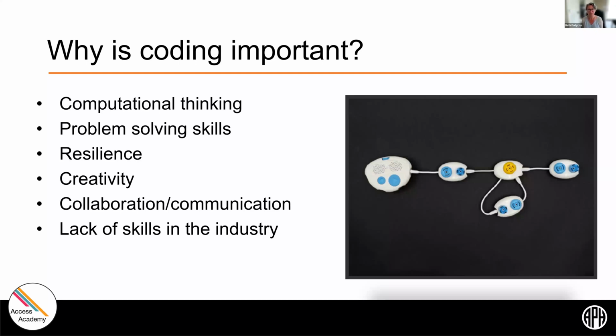We want students to be able to engage and create content in the future. So they need to have these skills to understand how it works, so that when they get a job someday, they will be able to inspire everyone else with their creativity. Lots of collaboration and communication is required in coding. And there's just a lack of these skills in general.